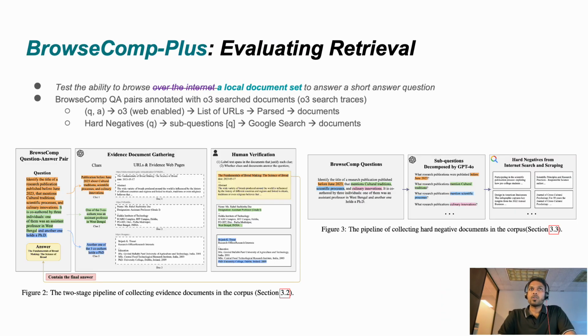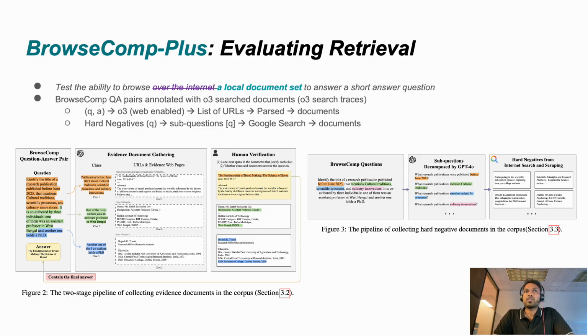So OpenAI's BrowseComp is a very useful benchmark, but it operates over the web, and that means results might vary, especially across longer time spans, and hence it might be hard to have reproducible results.